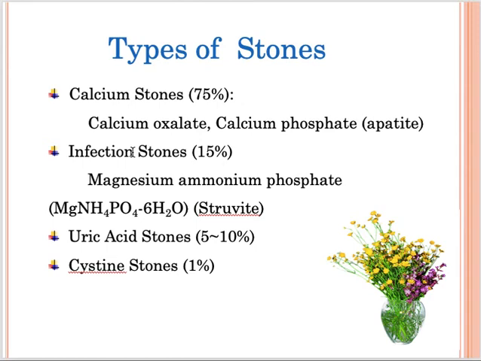So nowadays, the best test done in patients is basically the CT scan. Non-contrast CT scan is becoming the gold standard as the first investigation to check whether the patient has any stone or not.